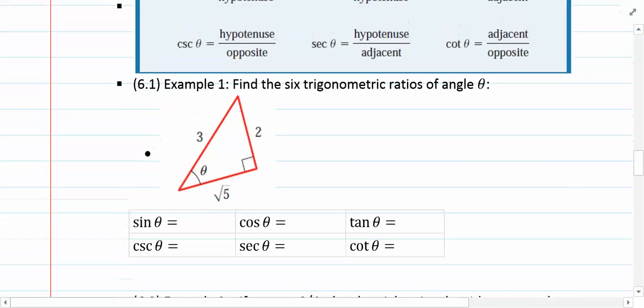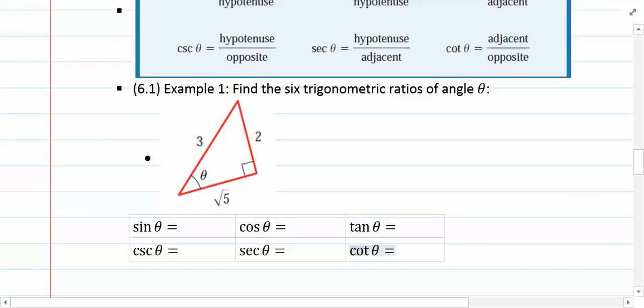So let's go ahead and work through these. If I have a right triangle here with dimensions 3, 2, and the square root of 5, I would ask you to find the 6 trigonometric ratios of angle theta. So angle theta is our angle of intention. It's down here in this corner. The side length closest to it, but not the hypotenuse, is our adjacent side.